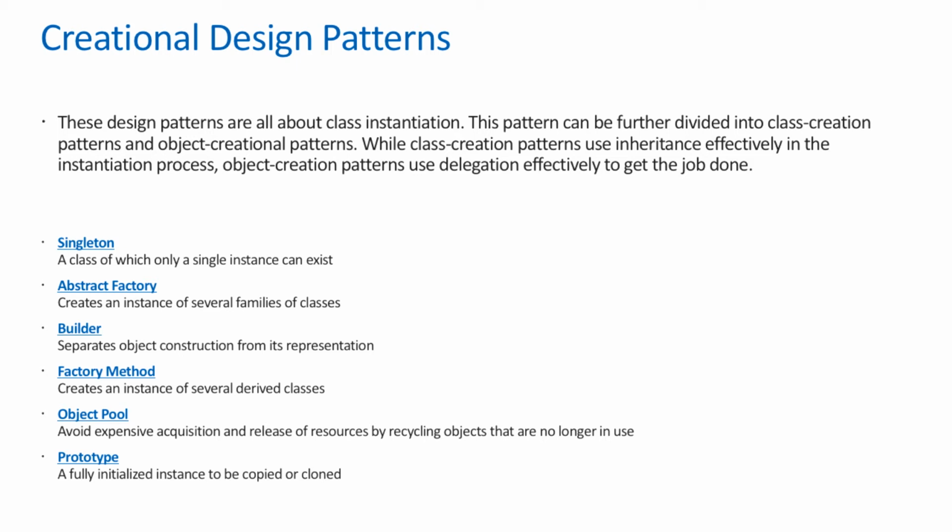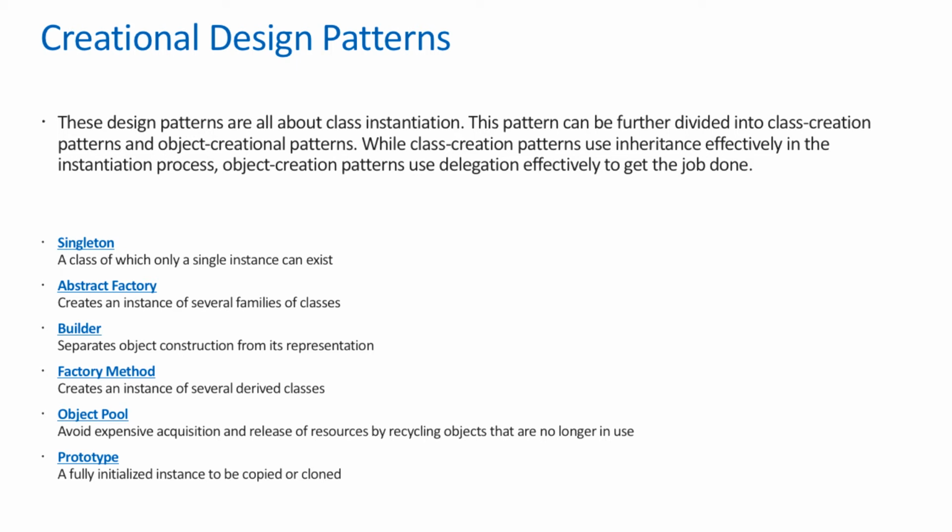This is the first category of design patterns. Singleton, I think everybody knows: a class for which only a single instance can exist. If you don't use singleton in big projects with .NET, you risk using the entire memory.